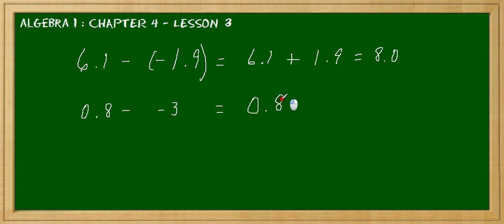So we have 0.8. Now we did it mathematically. We're going to change this to plus, but now the negative 3 becomes positive 3. Okay? And let's go ahead and add these two, and we would have 3.8.